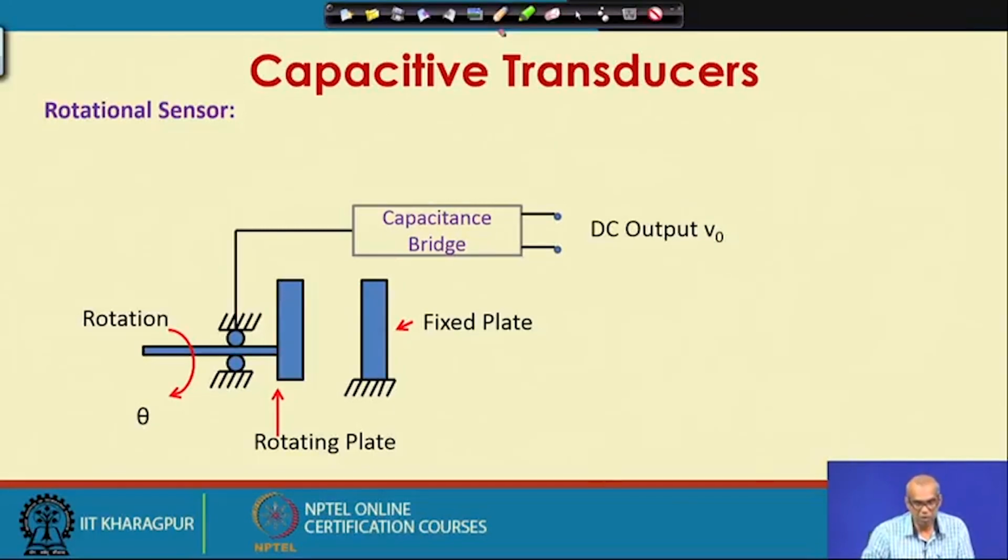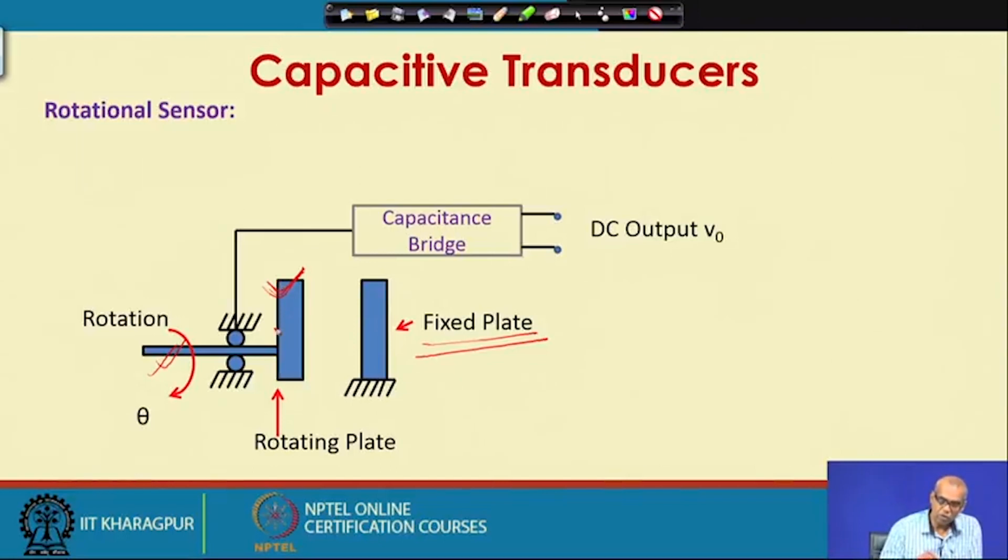So, these capacitive transducers can be used to measure angular rotation. We keep one plate fixed and the other plate is connected to the rotating object. So, this plate is rotating.